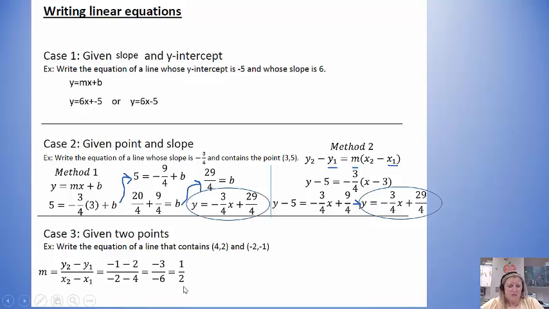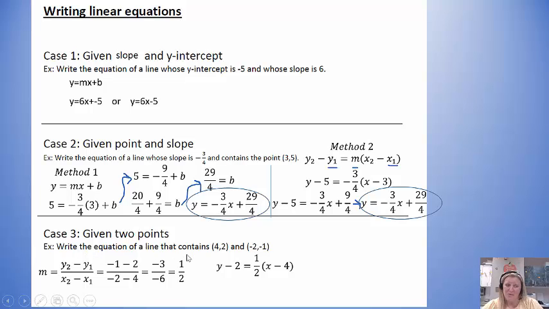So your choice, from this point on, you're going to treat it like a case 2. So you're either going to use method 1 or you're going to use method 2 and get your equation written. I'm going to use method 2 because that's the method I prefer. So I'm going to set up my point-slope form. It's completely up to you. You can use 4 and 2 as your x and y, or you can use -2 and -1. It's not going to make a difference. Get the same answer regardless. Technically, I could circle that and be done.